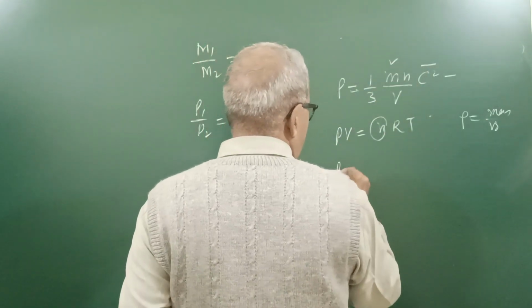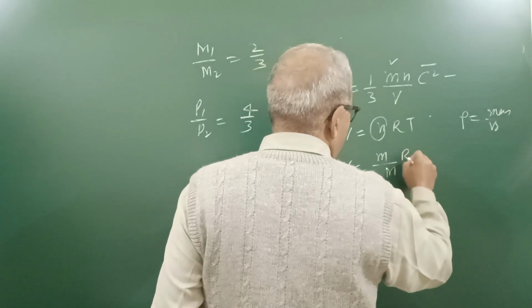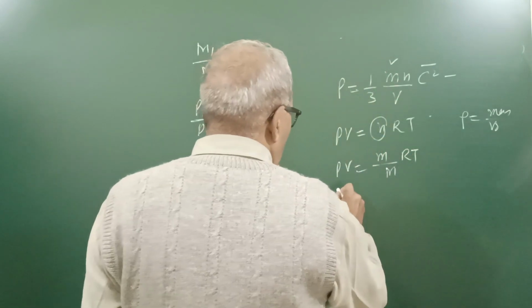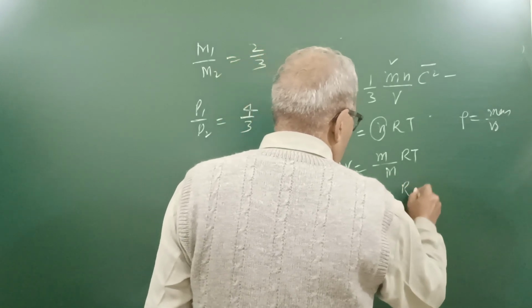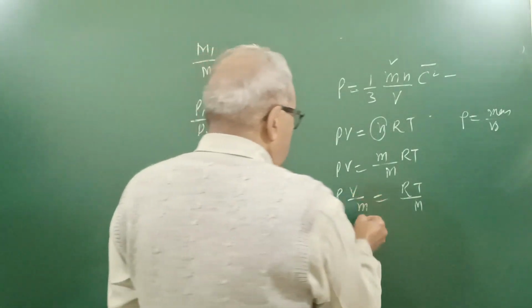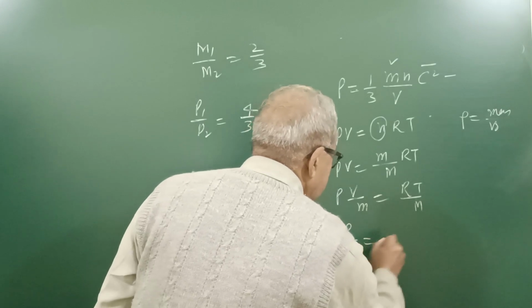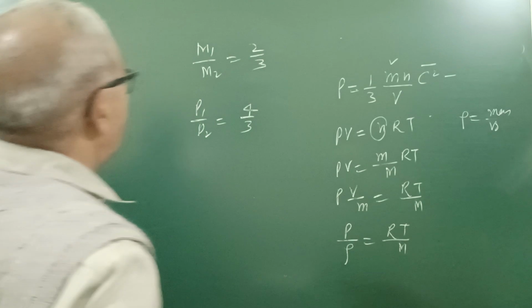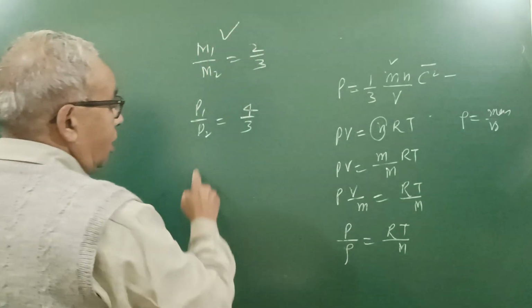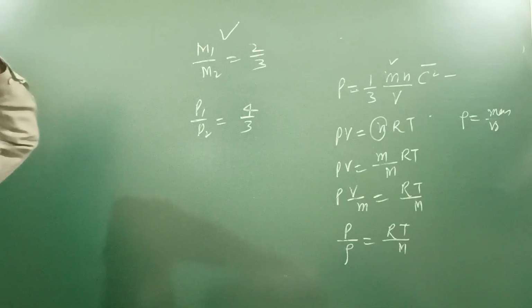Here PV is equal to n RT, n is mass upon molecular mass, so P into V upon M is equal to RT by M. V upon M, P upon rho. So you are given the ratio of molecular mass and the ratio of pressure, and you are asked the ratio of density.